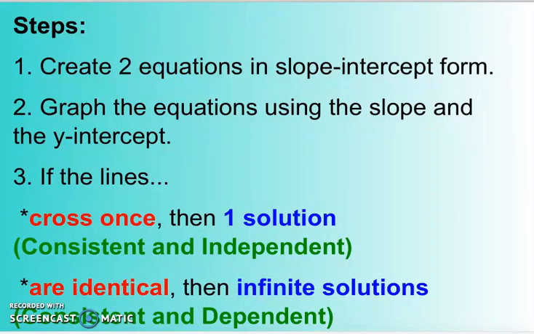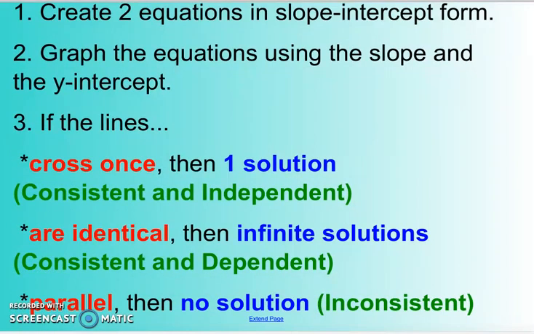Okay, let's look at another situation. And before we do that though, let's talk about what were the steps that we took. Well, the first step was we created two equations in slope-intercept form. We graphed those equations using the slope and the y-intercept. And then we determined how many solutions the system of equations had. So if the lines crossed once, which they did, it has one solution, and it's called consistent and independent.